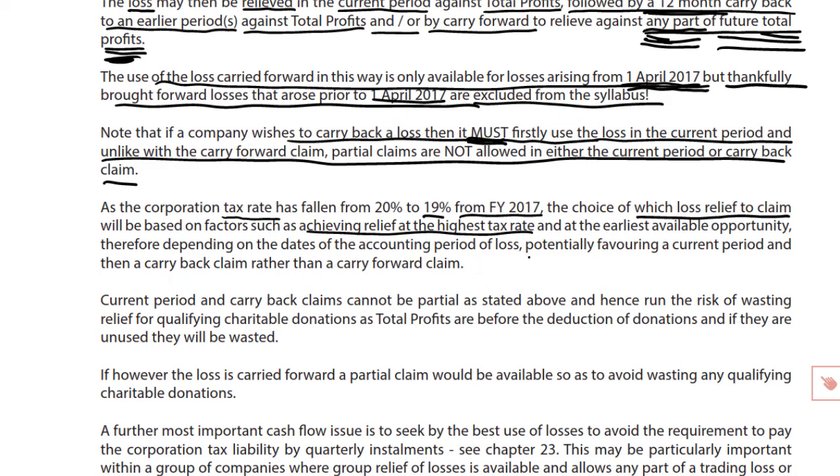Now, if you remember, in income tax, this was a really, really important issue. You might be able, in an income tax situation for an unincorporated trader, to set off a loss against income that would have been charged at a 40% higher rate of tax. Yet in another tax year, it may only have gone against income chargeable at the basic rate of 20%.